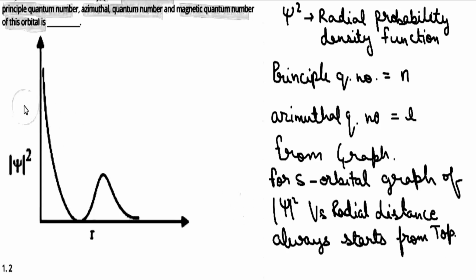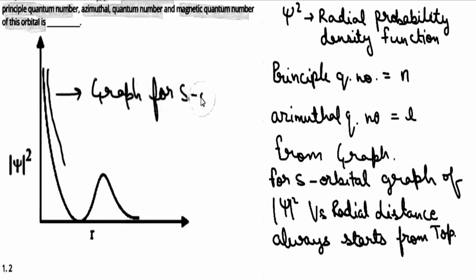So since the graph over here starts from the top, this is the graph for s orbital.